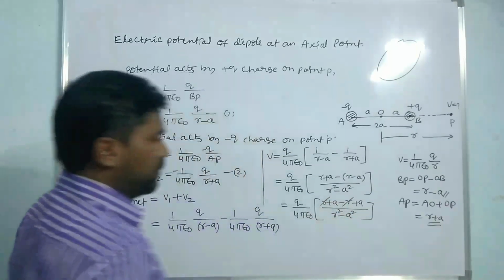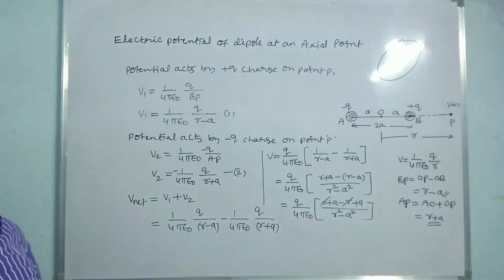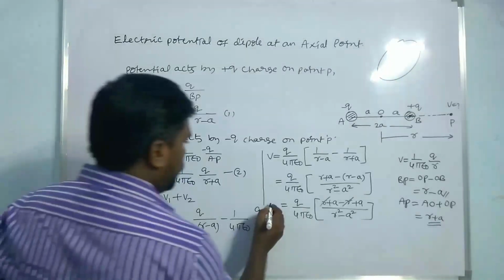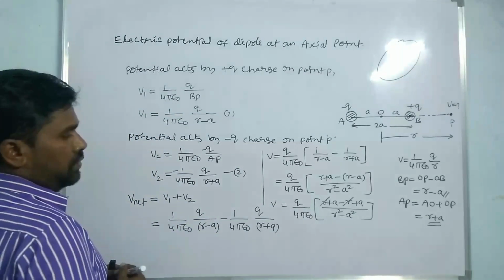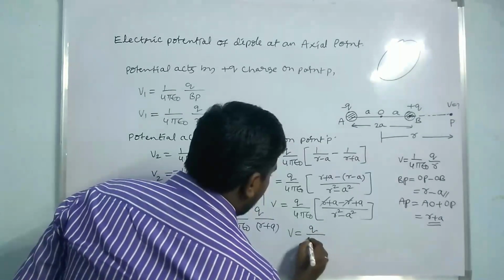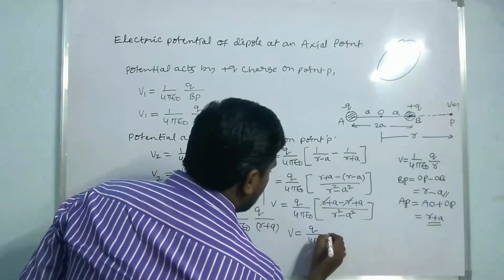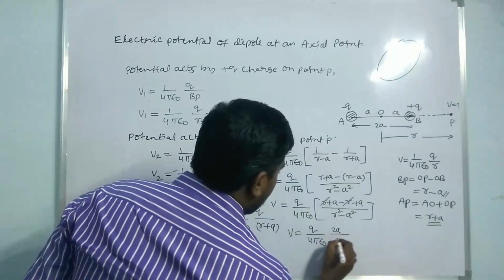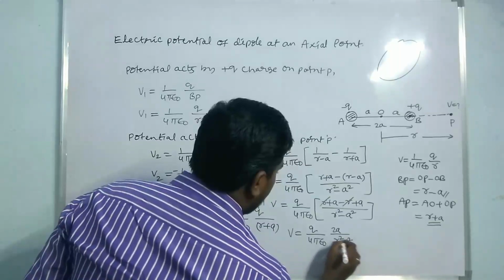Minus R plus R will be cancelled out. A plus A is 2A. So this is the V here. So from this we can write V is equal to Q by 4 pi epsilon naught 2a by r square minus a square here.